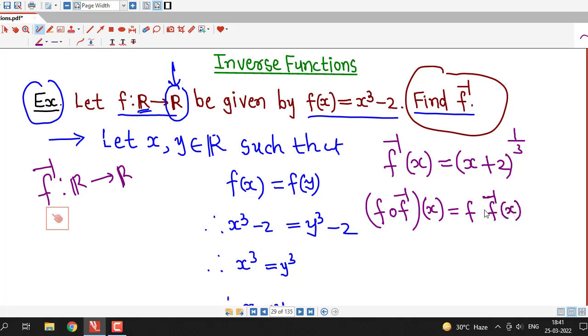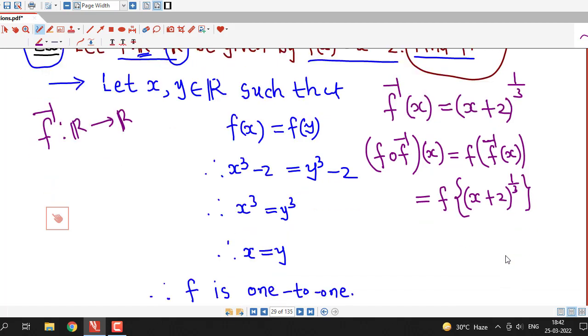So this is going to be f of (x plus 2) raised to 1 by 3, the value of the function at (x plus 2) raised to 1 by 3. Now f(x) is given by x cube minus 2, and instead of x we have (x plus 2) raised to 1 by 3.